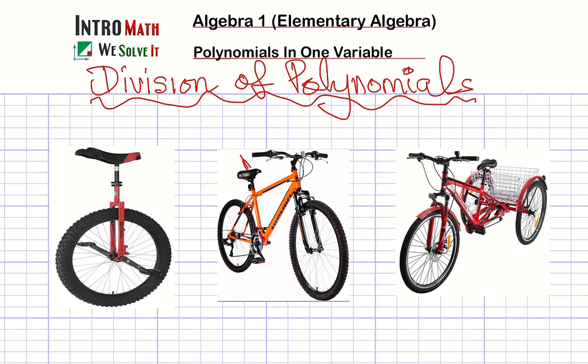And then secondly, we're going to deal with dividing polynomials with polynomials. The second type of division is known as long division. We'll get into all this stuff. We're going to solve a lot of problems today. All right? So thanks for coming.